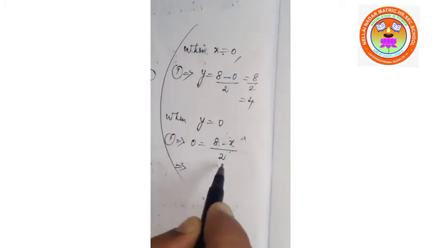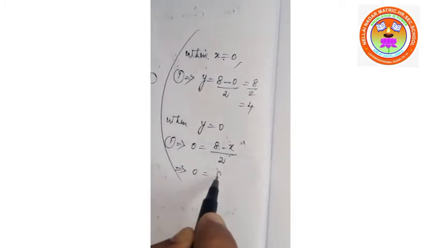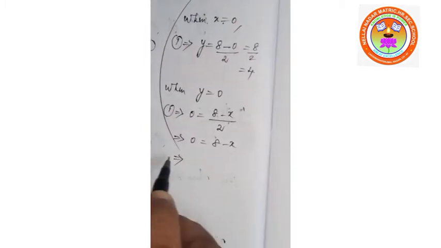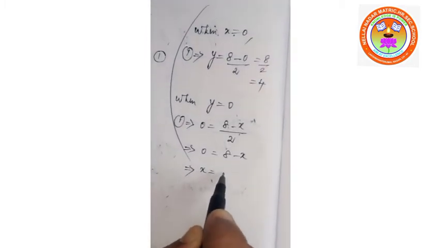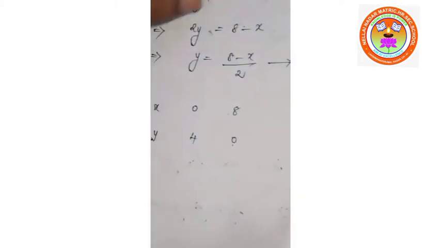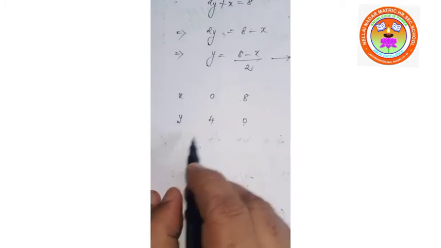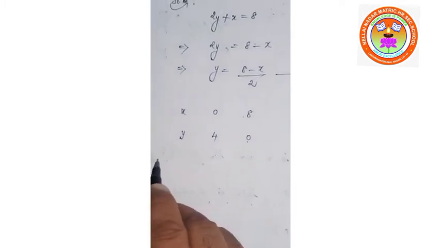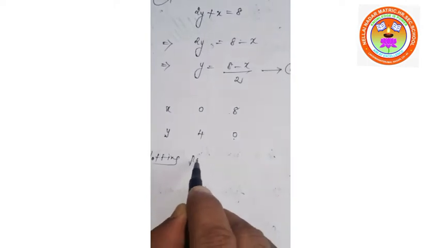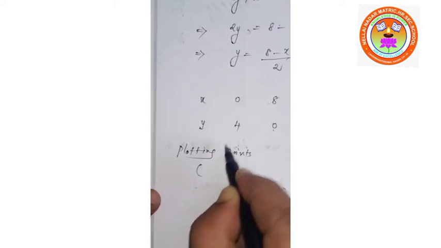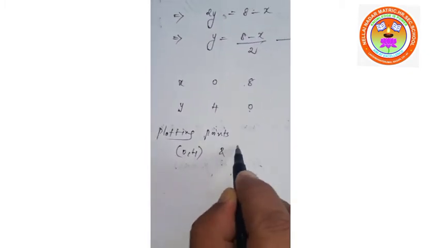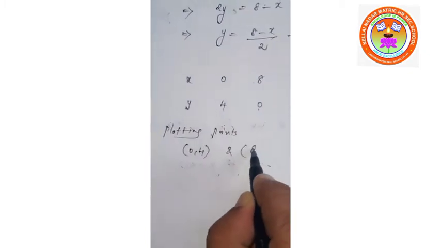Cross multiply, 2 into 0 is 0, that is equal to 8 minus x, which implies x equals 8. These 2 points are to be plotted. x equal to 0, y equal to 4 means (0, 4), and x equal to 8, y equal to 0 means (8, 0).